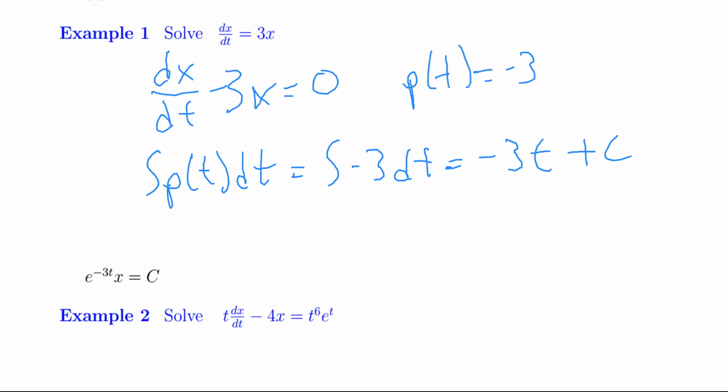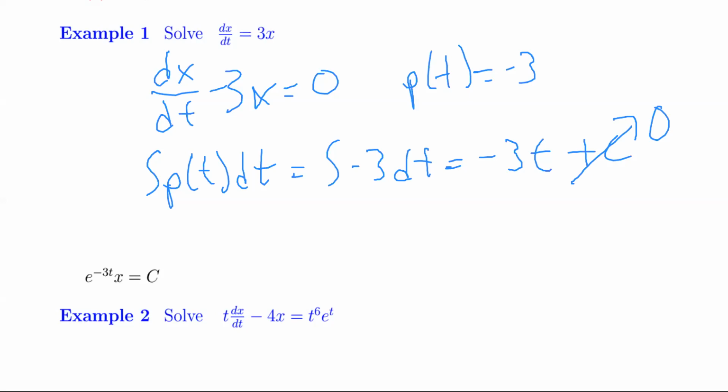Well, since we only need one function to do that, we can actually choose c to be anything. So to make everything simpler, we always just pick c equal to 0. So we get to ignore that plus c in this particular part of the problem.